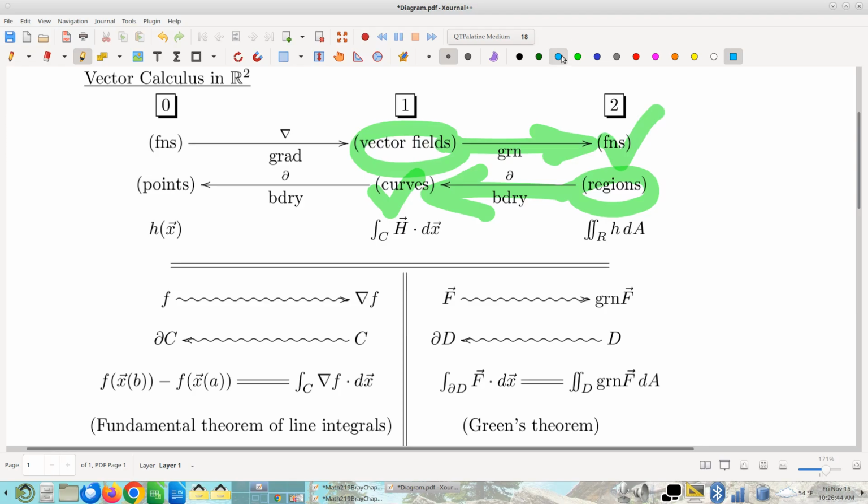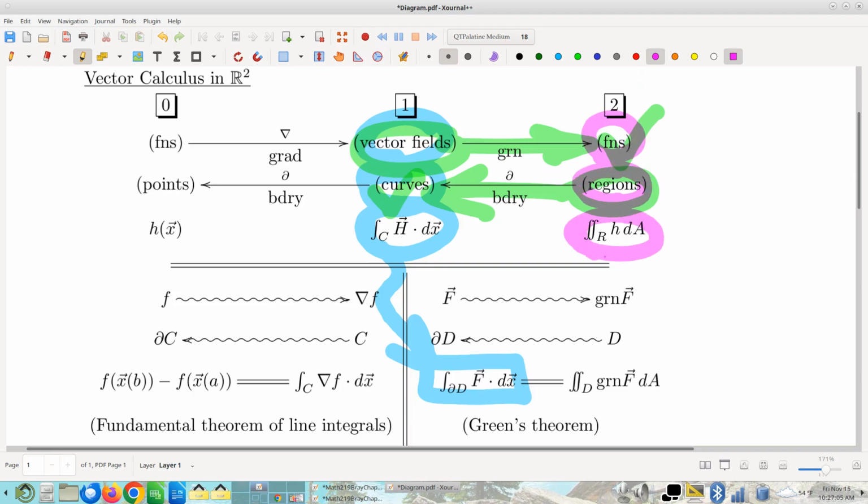If you look at your original vector field and over the boundary curve you do a vector line integral like so, and if you look at the curl and then over your original region you do a double integral like so, you get the same thing.